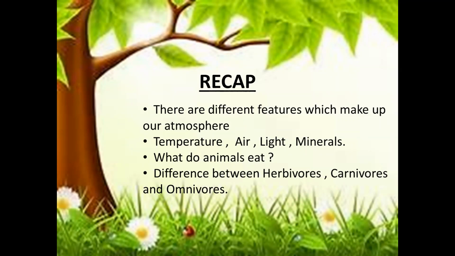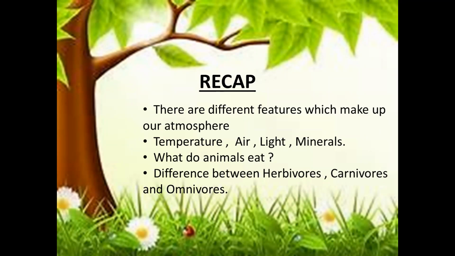Herbivores are the animals which eat plants only, and for this they have a special type of teeth. You have seen in the video that the movement of their teeth in the mouth is different from that of other animals, so we can guess that a particular animal is a herbivore.